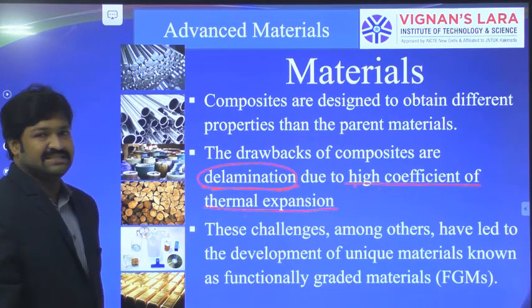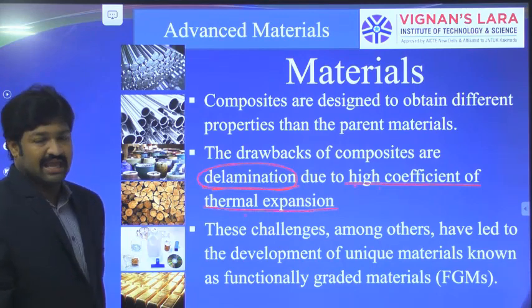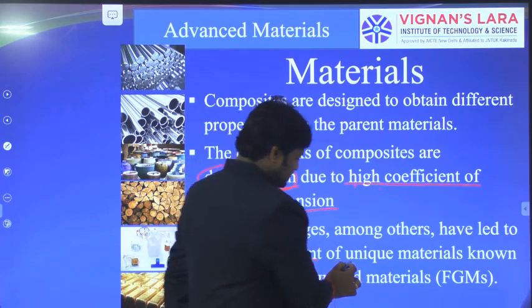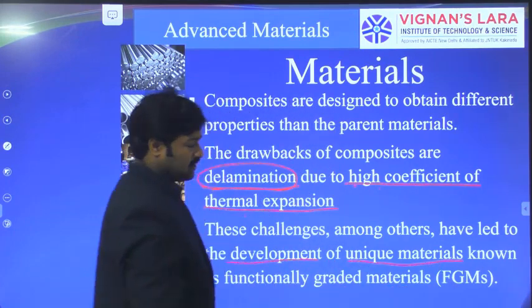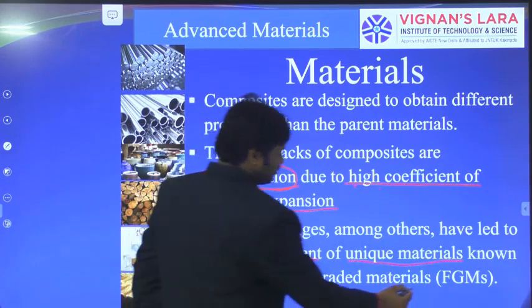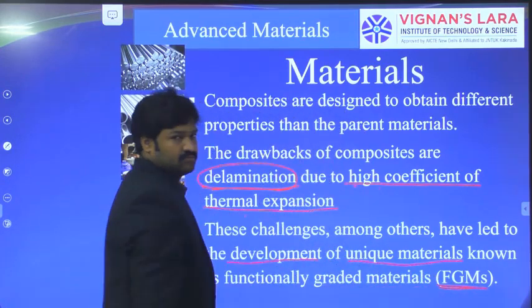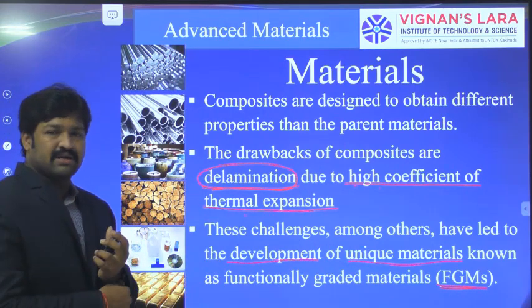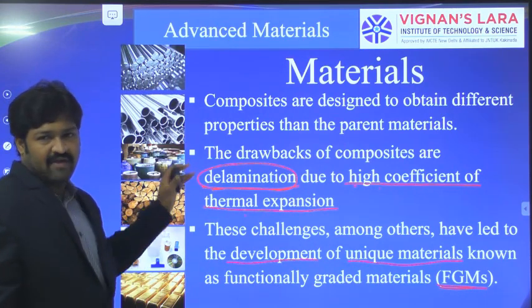The next one: these challenges, among others, have led to the development of unique materials known as functionally graded materials. Those are also called FGMs. As we discussed, the alloys have some drawbacks, whereas the composites also have drawbacks.